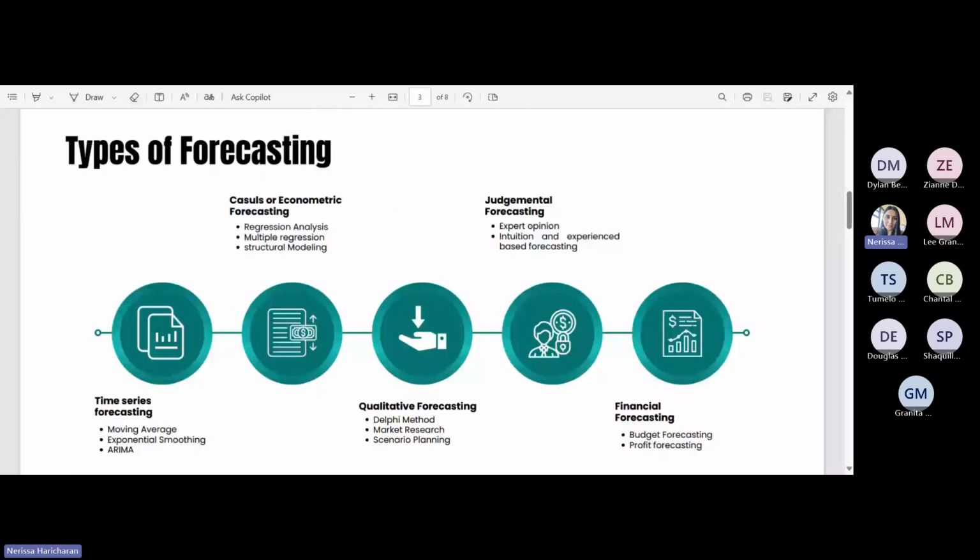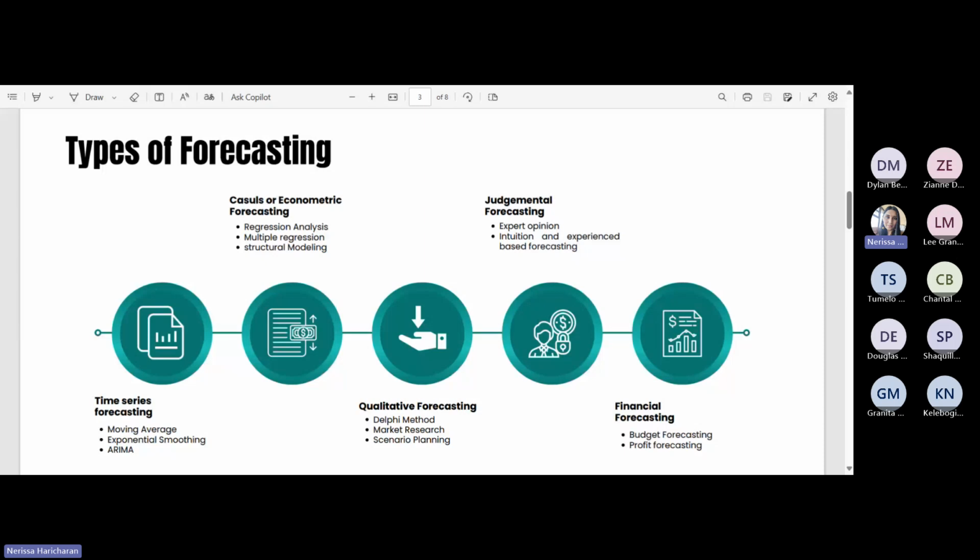And let me tell you, this is probably one of the most common forecasting types that you would come across when you're working with forecasting, because in terms of time series, they're looking at a moving average, past data over a specific period, any sort of fluctuations, any longer term market trends, etc. So time series is something that's more commonly used than anything else. And time series specifically falls under what we call quantitative forecasting.